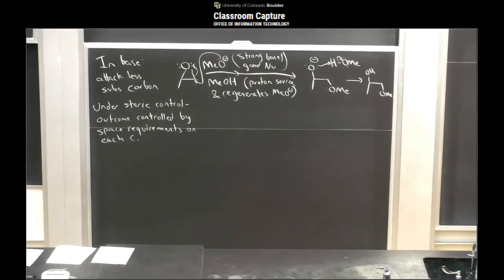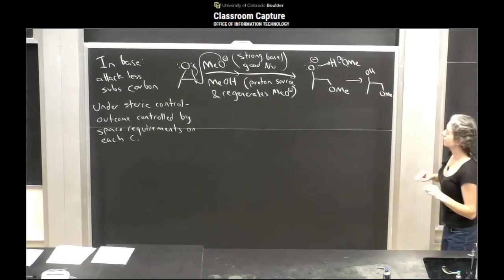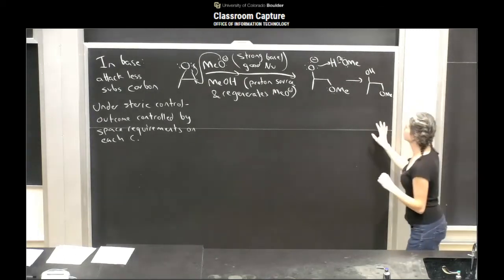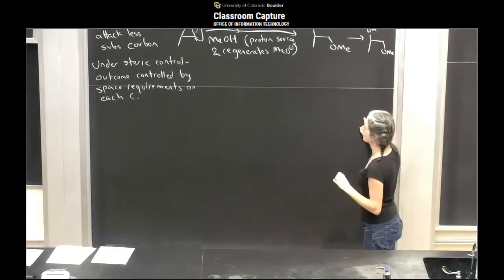Alrighty. So those are the two big categories of epoxide reactions. Questions about those so far? All right, cool. So this is a very roundabout way of getting there, but now we can look at epoxides plus cuprates.